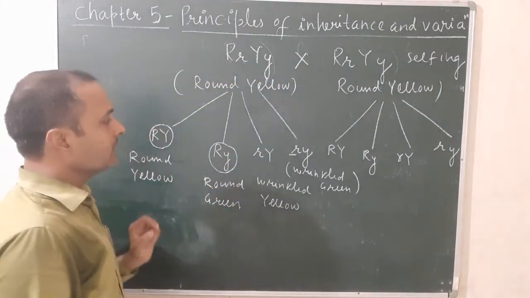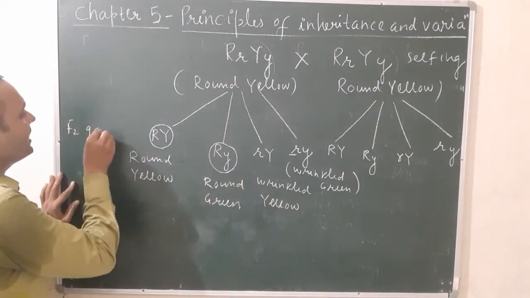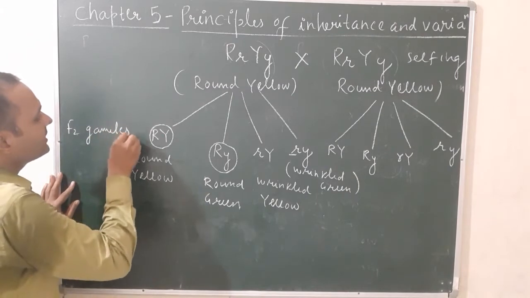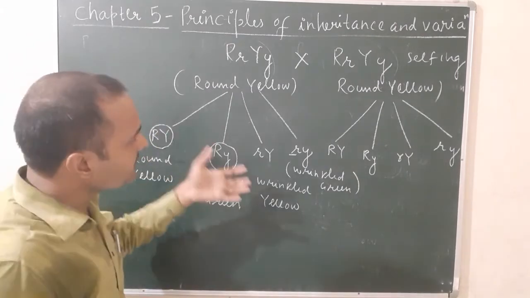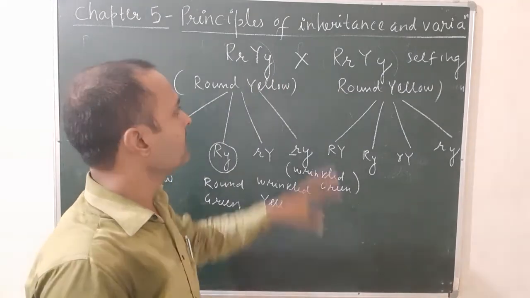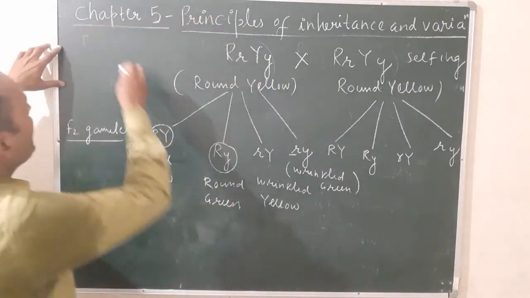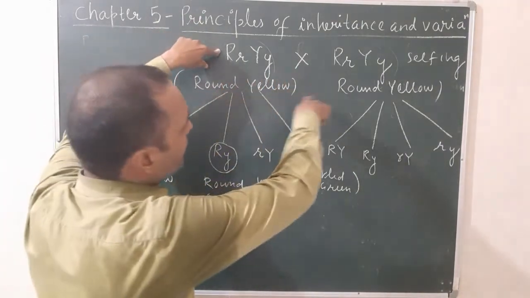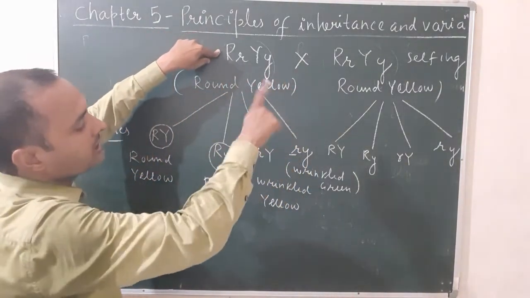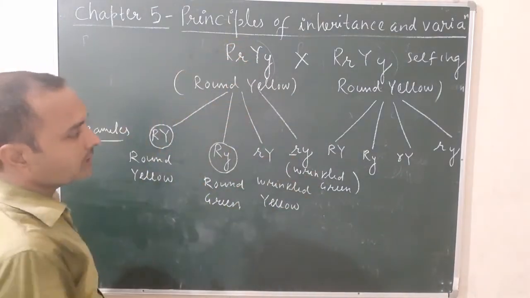This is known as the F2 gametes, the second generation gametes produced by the first generation parents. This is the F1 progeny. After self pollination, the F1 progeny acts as parent and gives rise to 4 types of gametes.